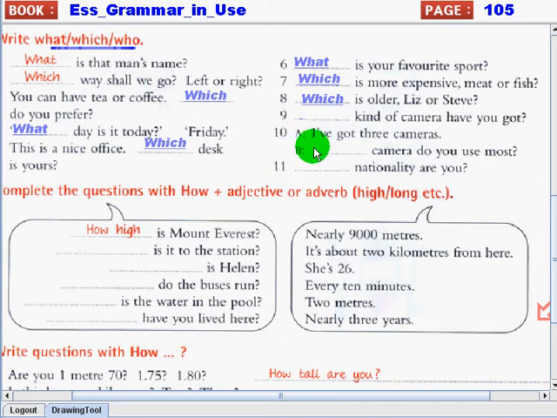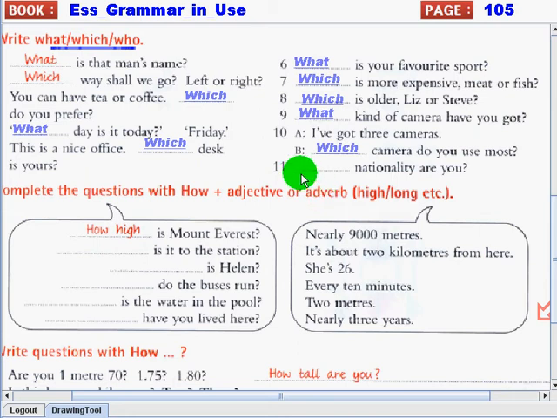What kind of camera have you got? 10th, I've got 3 cameras. Blank camera do you use most? So we have 3 here, right? 3 cameras. So the person is asking which one do you use most? Or the speaker's friend uses most, okay? So which.